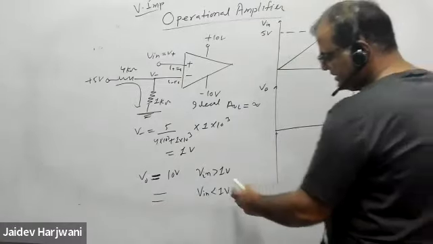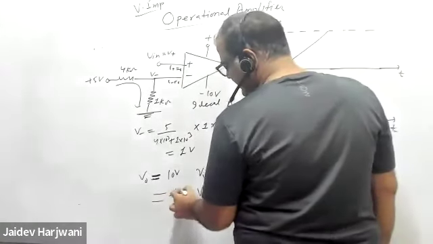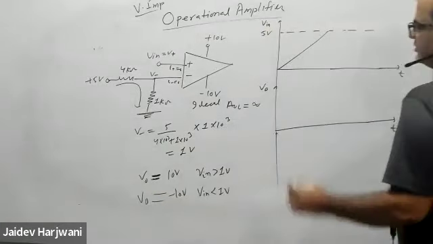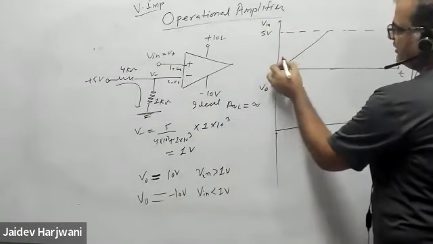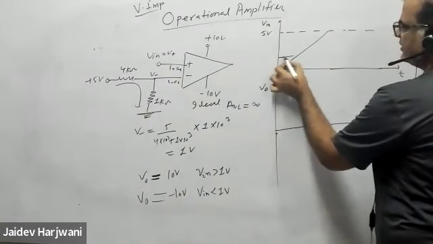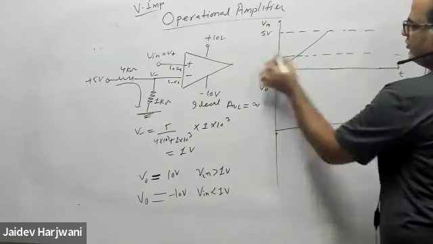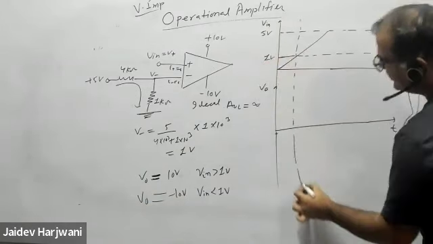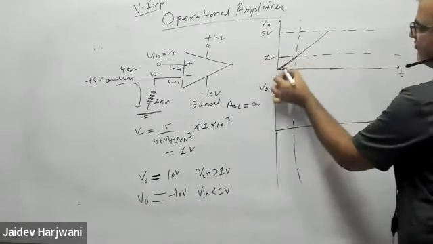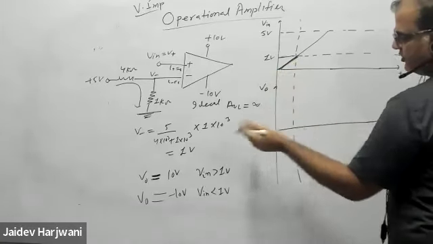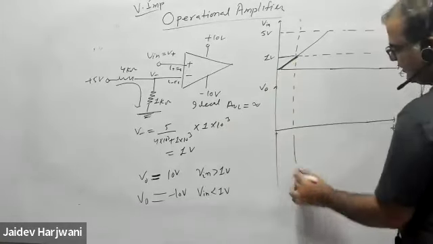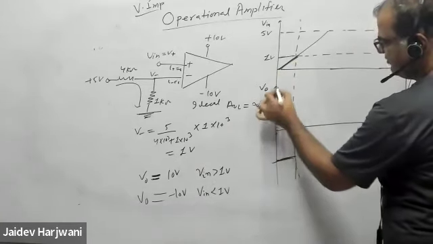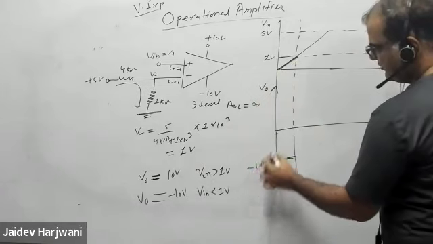If V input is less than 1 volt, I get minus VCC, V output equal to minus 10 volt.